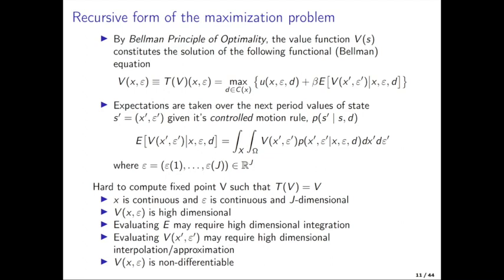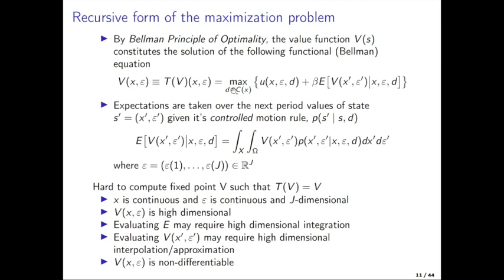Now, a few things first. In case of the Harold Zurcher problem, there are two state variables, x and epsilon. Okay, so now we're back to Harold Zurcher. The state variables here are both x and epsilon.